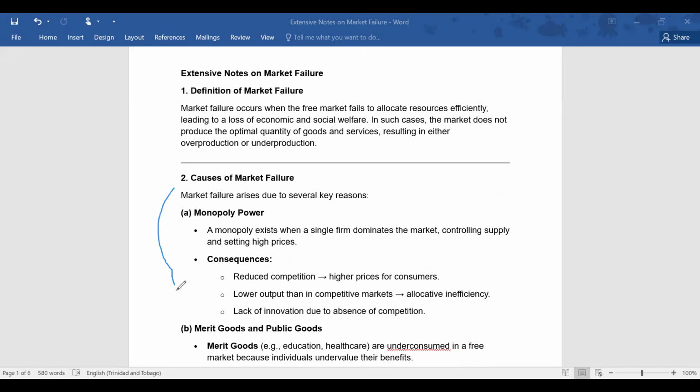Remember I told you monopolies can be dangerous. So monopolies are great for the person who owns the monopoly, but terrible for everybody else unless the government intervenes. So you all know what a monopoly is: when there's one seller dominating the market, right? One seller and many buyers.